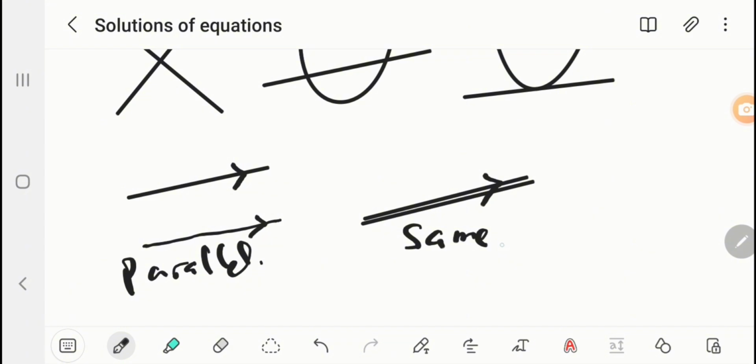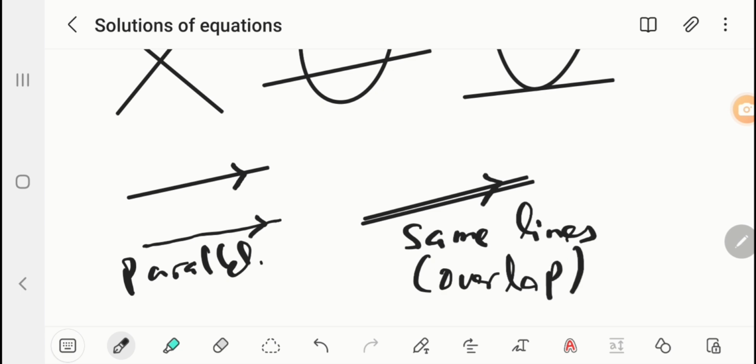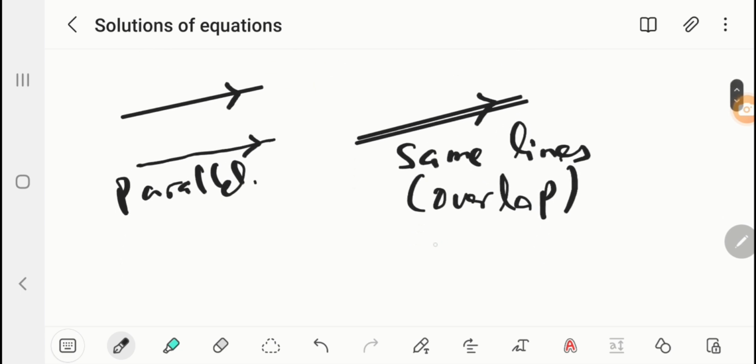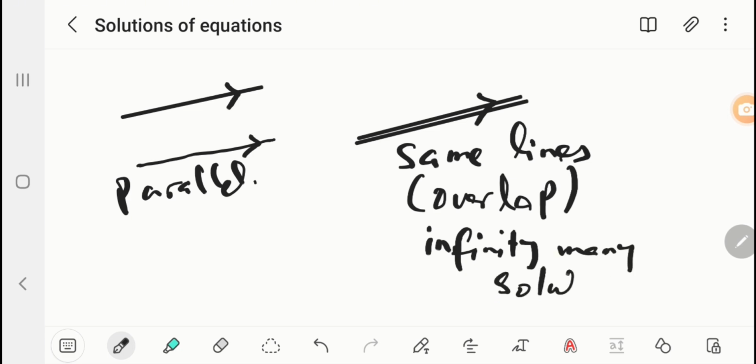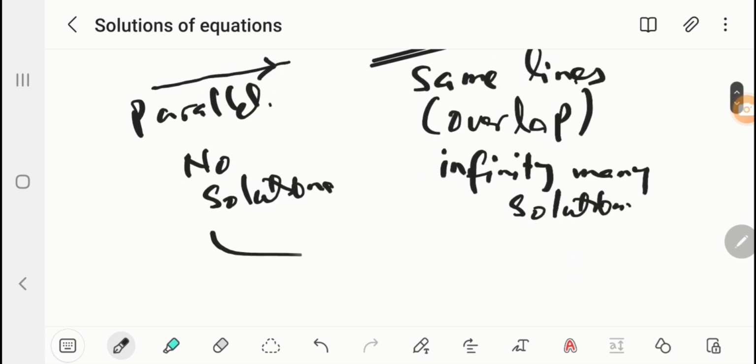For the overlap case, there are infinitely many solutions. But for parallel lines, there is no solution. Both the cases are inconsistent.